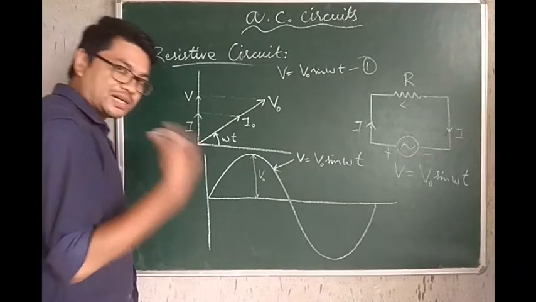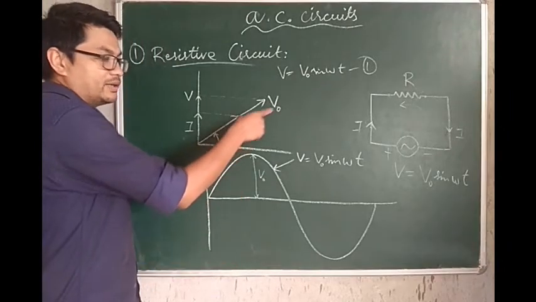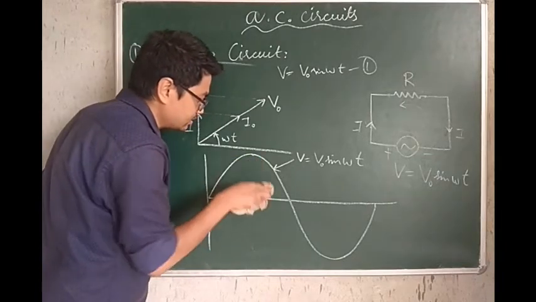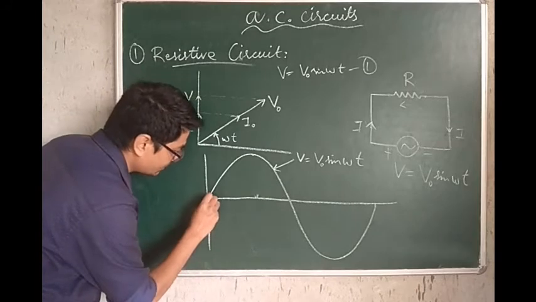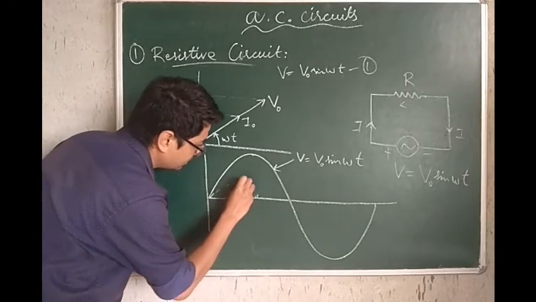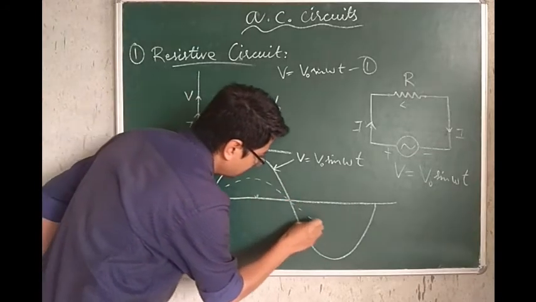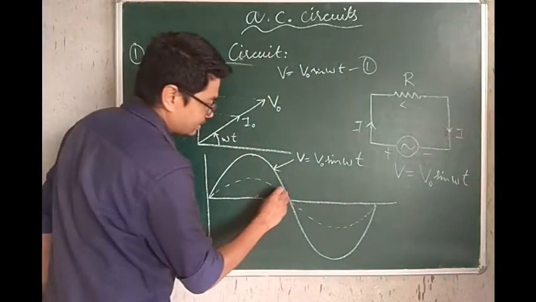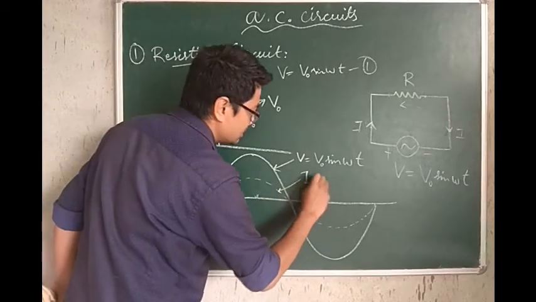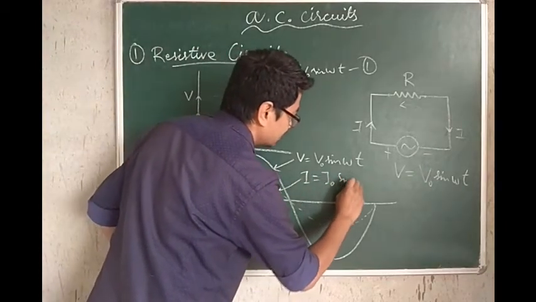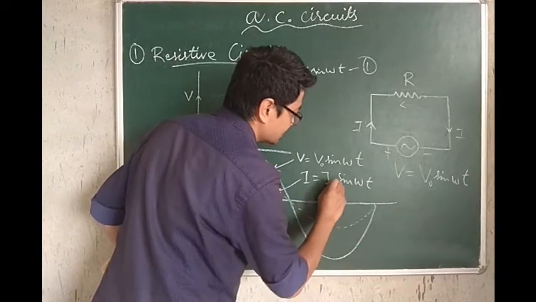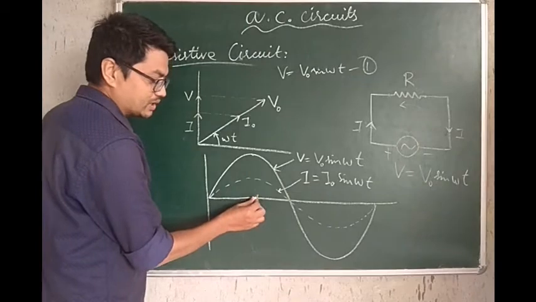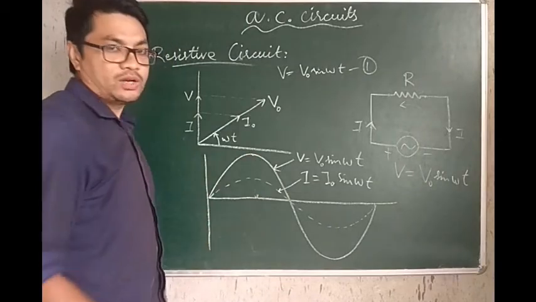Now we know for current I naught is lesser than V naught. So therefore, if I erase this, this dashed line represents the curve for the current. This is I, which is I naught sine omega t. And you can see that the peak value of the current is lesser than the peak value of the voltage.